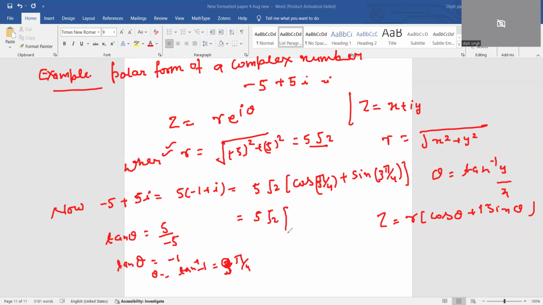And we know that this is minus 1 by root 2 and this is plus 1 by root 2. So the polar form will be 5 root 2 e to the power 3 pi by 4 i. This is the correct answer.